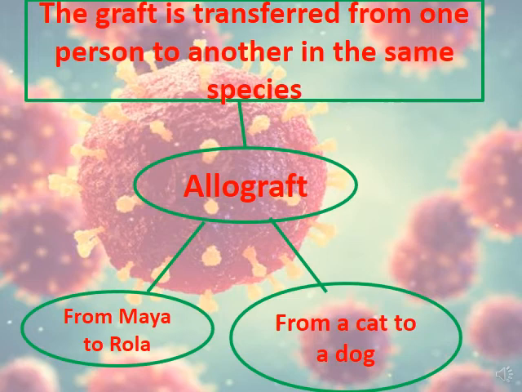So this is called allograft. More examples: from Maya to Rola, from Hassan to Hassan, from Karim to Hadi, from Hadi to Rida, from Rida to Abbas, from Celine to, let's say, Fatima. All of them belong to the same species. While from a cat to a dog, cat and dog belong to different species, so it's not an example of allograft.